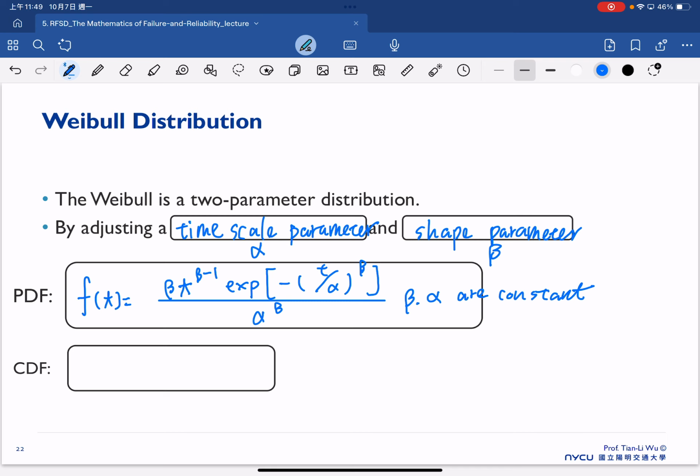And the CDF is the integration, so F(t) is equal to 1 minus exponential of minus t over alpha to the power of beta. And the most important one is the CDF, especially this one.